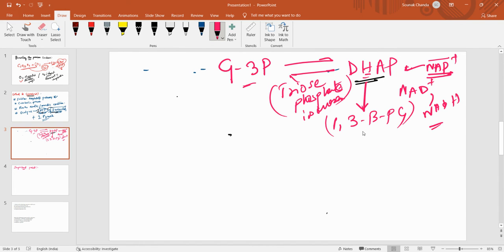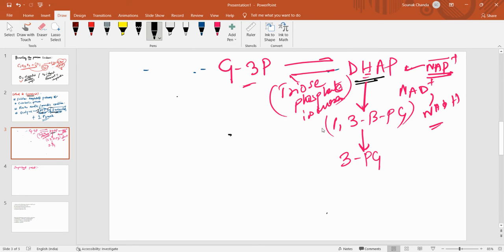Then this 1,3 BPG will convert to 3 phosphoglycerate. And this is the most important step from the point of view of questions, because here the investment phase is over, up to the fifth step which I discussed earlier. But now we are gaining ATP.